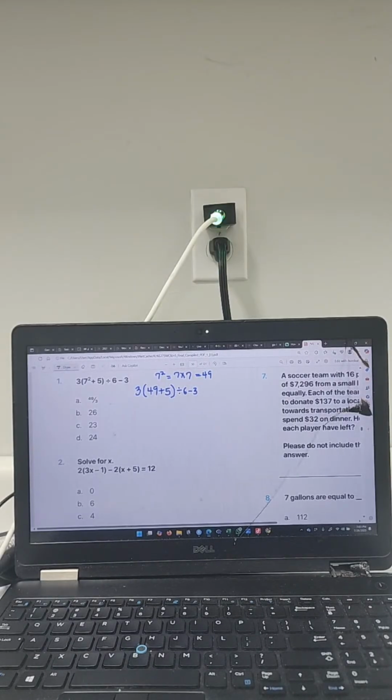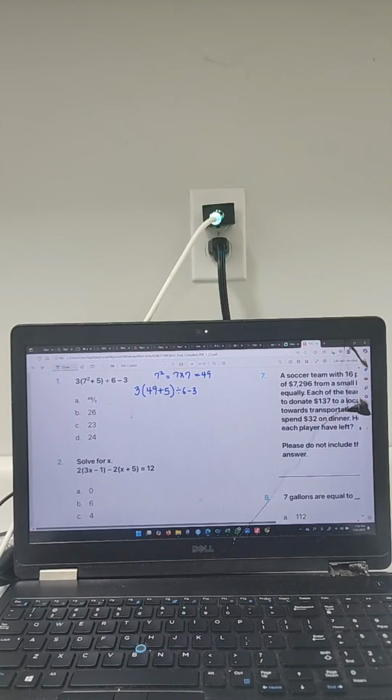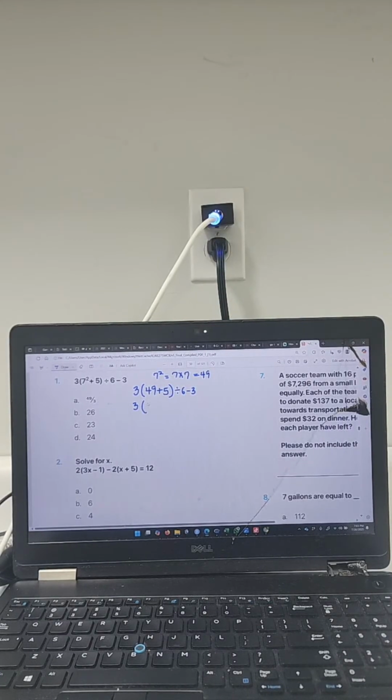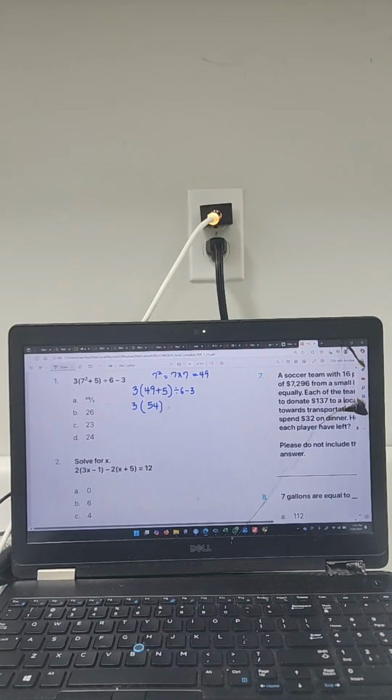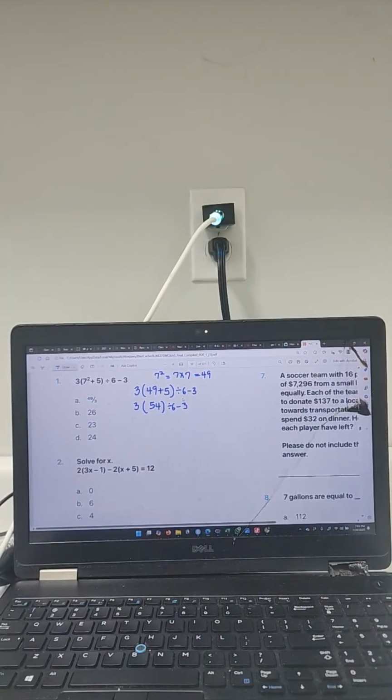Now, we have to finish solving what we have in the parentheses. 49 plus 5 should give 54. Divided by 6 minus 3.